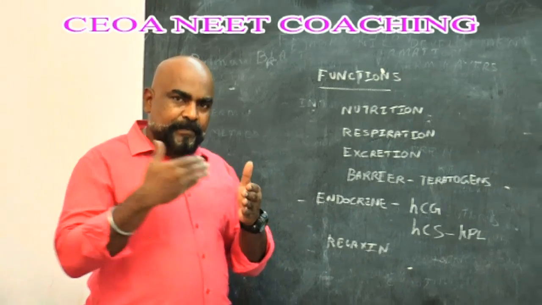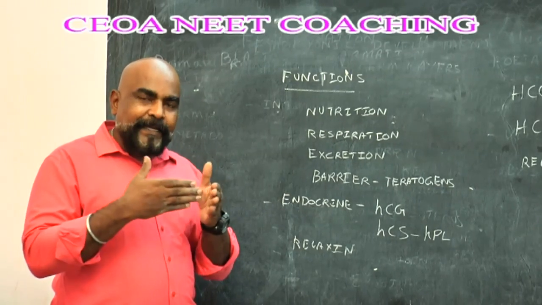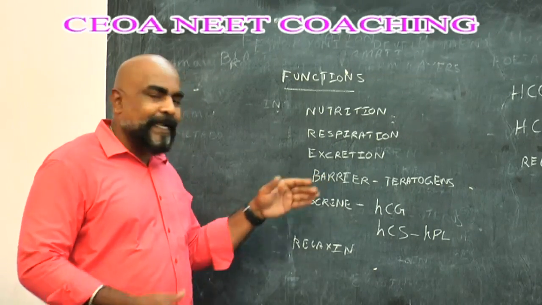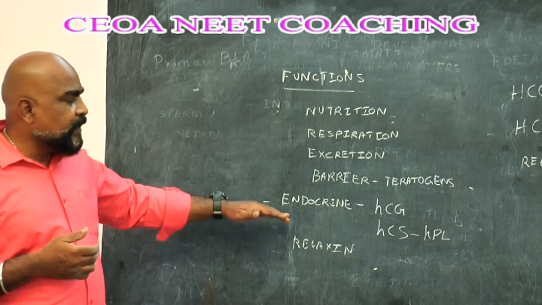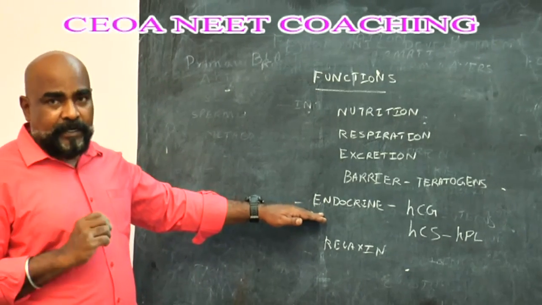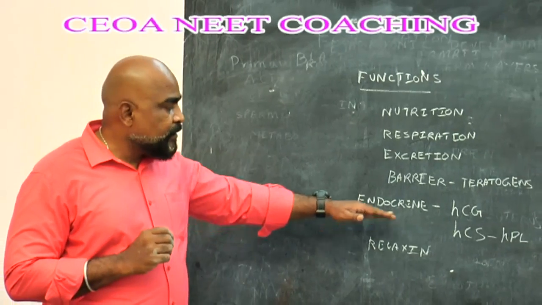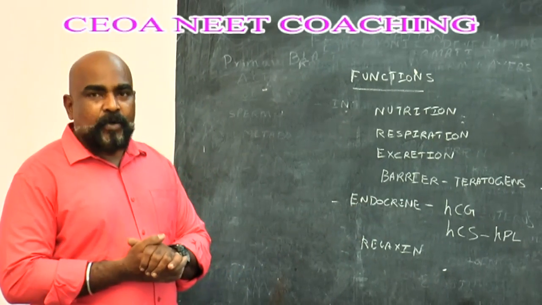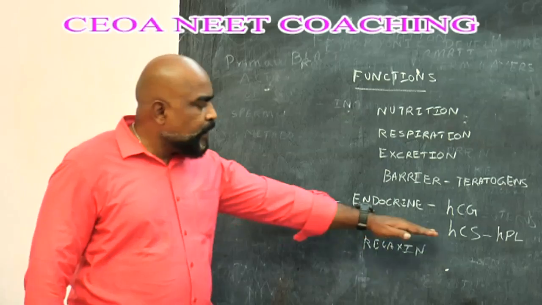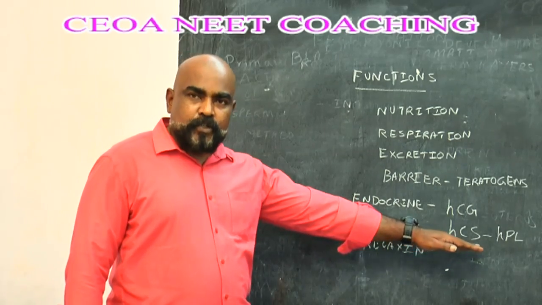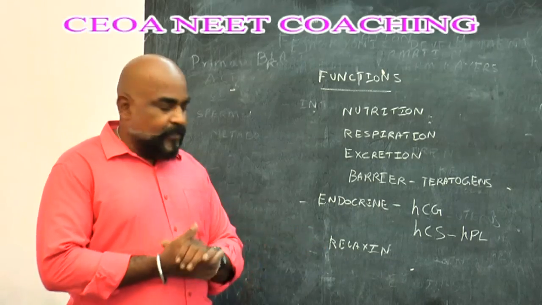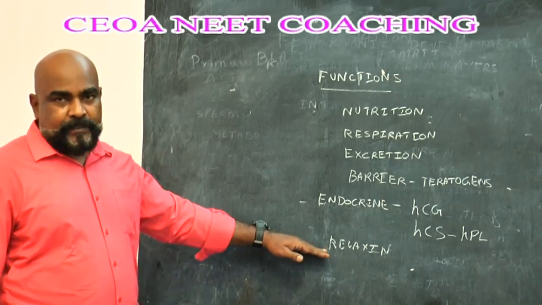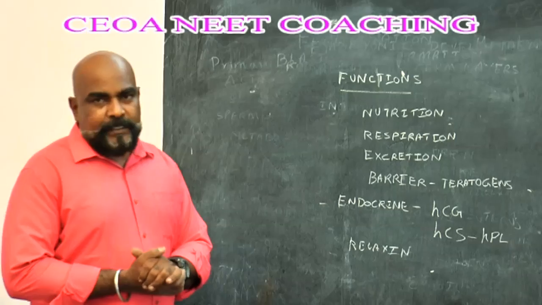Such substances cannot enter the fetus because the placenta acts as a barrier. The placenta also acts as a temporary endocrine organ. It produces human chorionic gonadotrophin, human chorionic somatotrophin, also called human placental lactogen, and relaxin. All these are formed by the placenta.